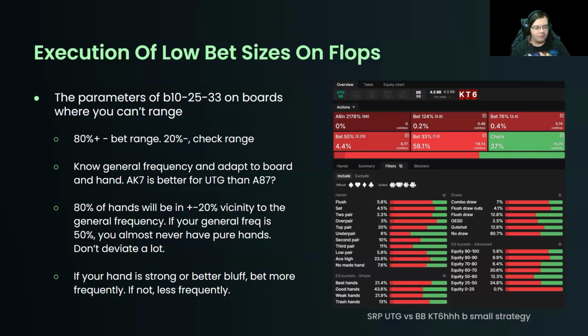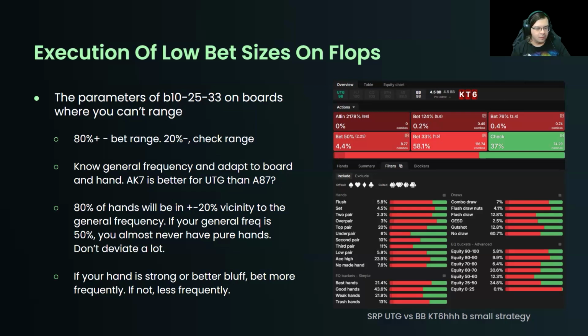80% of hands will be around the vicinity of the frequency. So if you scroll down and you look at the strategical aspects, so like the strategy tab, 80% of hands will be very close to that frequency. So if your frequency is 50%, then a hand like, I don't know, top pair would probably be around that. A hand like a set would be more. A hand like a flush would probably be more, depending on the flush.